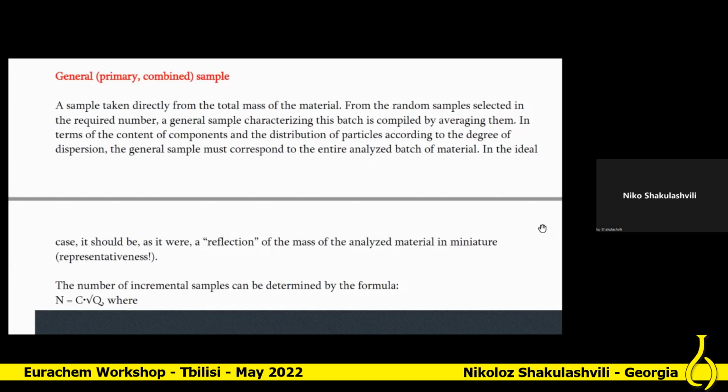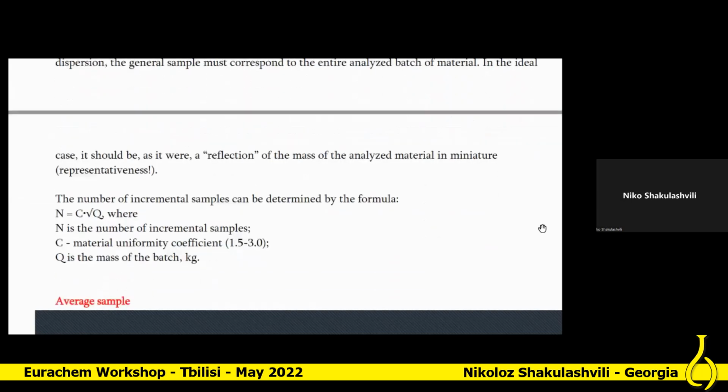Actually, it all depends on the characteristics of the material and the weight of this material. It also depends on different locations from where we can take this random sample. Then all these need to be mixed with each other, blended, so that we take this general sample. So N is the number of those places, and it could vary depending on the weight.